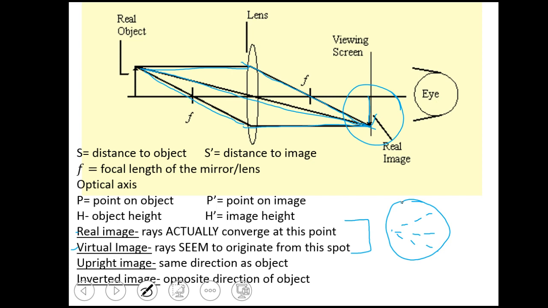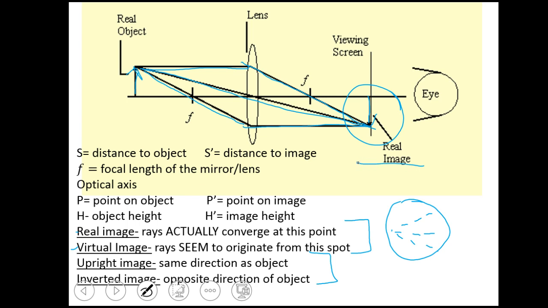And then images can furthermore be described as being upright, in the same orientation as the original object, or they can be called inverted. And so this is a good example of an inverted image. The actual thing is pointing upwards, but the image that is formed from this lens is upside down.